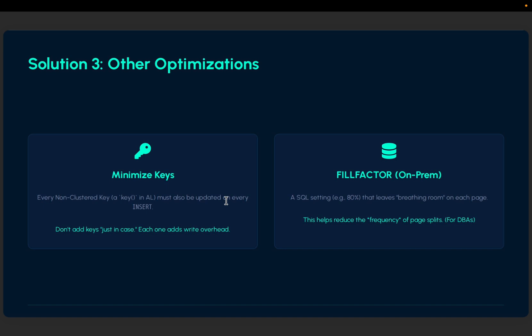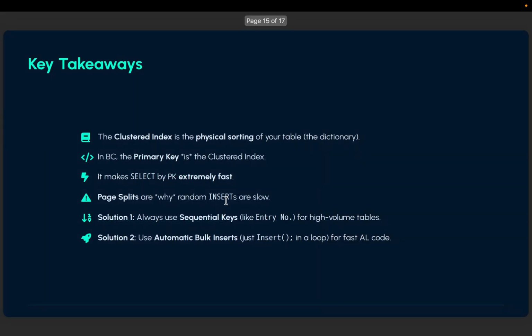So it is very important to design your table in such a way that you add only those fields as part of the keys which you will always be using in your code or in searching and filtering. That way you have minimum non-clustered indexes, and SQL has to do fewer operations of rebuilding and reorganizing your indexes whenever any new insertion or modification happens.